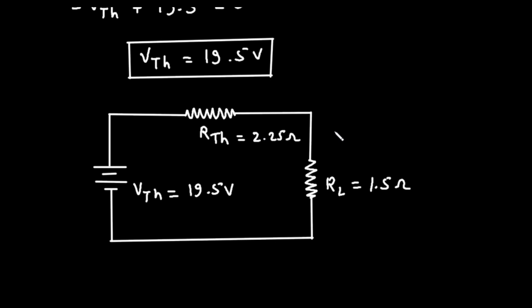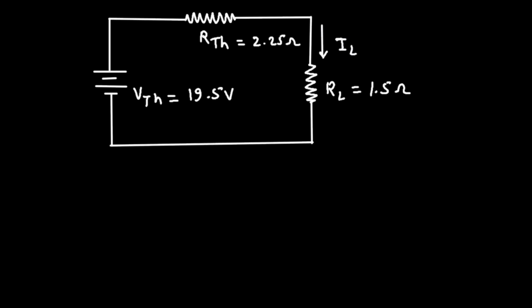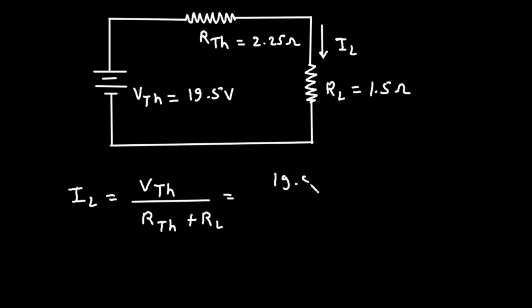Now we can easily find the value of this current IL. This will be our load current IL. So IL, load current, is equal to VTH divided by RTH plus RL. The value of VTH is 19.5 divided by RTH value is 2.25, then plus RL value is 1.5.